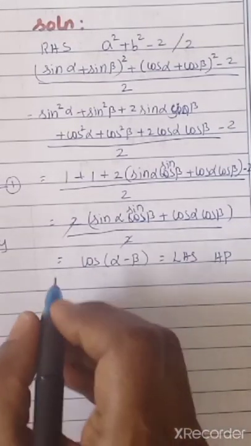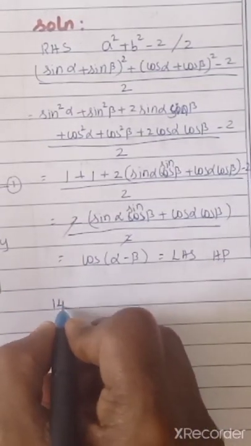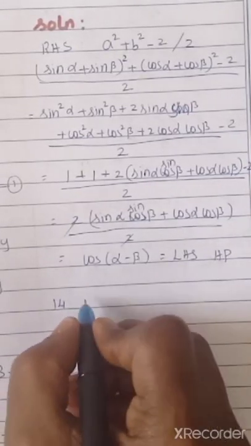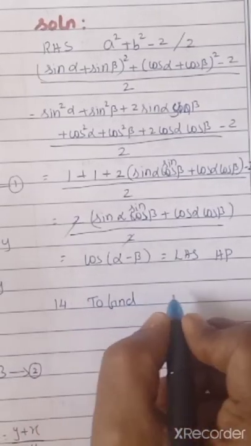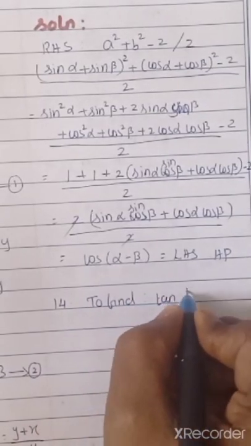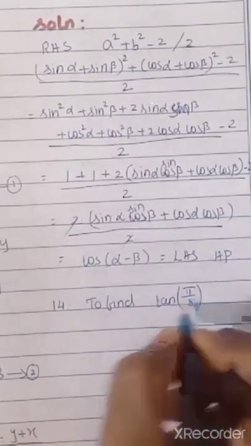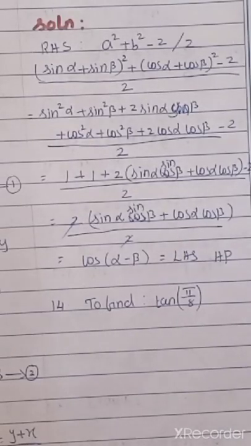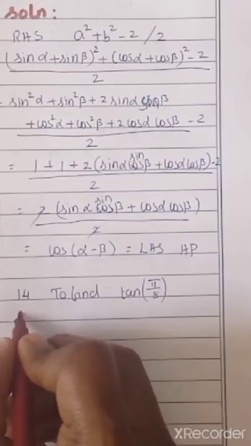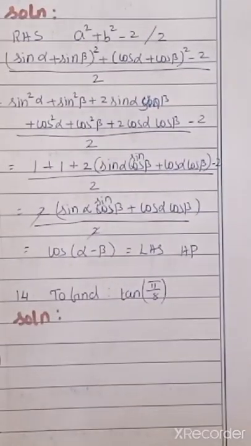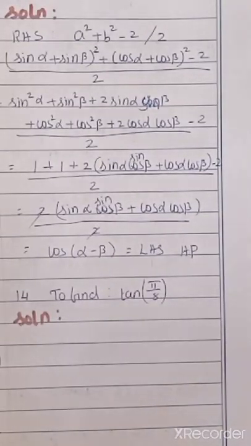Next, 14th question. Find the value of tan pi by 8. We want to find this one, tan pi by 8. Let's see the solution. We know this identity.